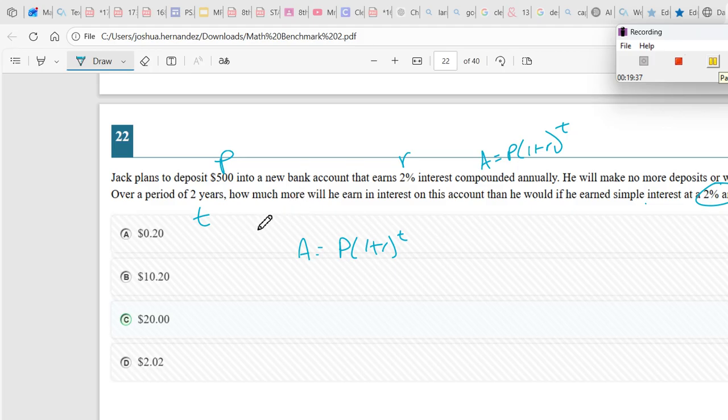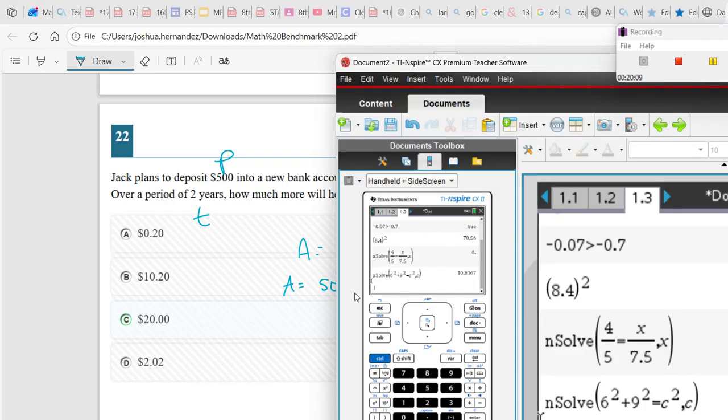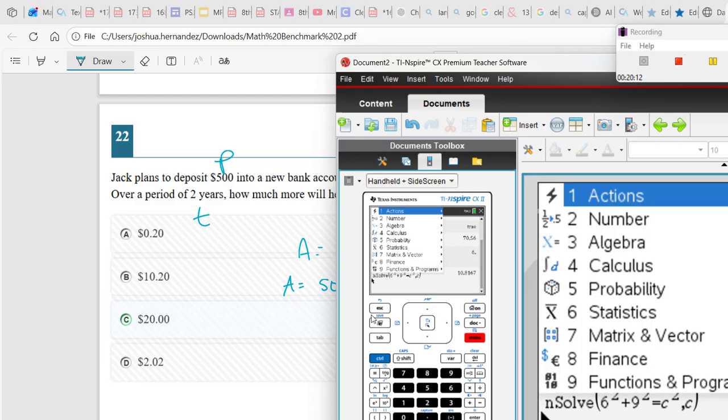Okay, so let's put the numbers in here. We're going to go with 500, and we go 1 plus 2%, raised to the 2. And when you get this, it's going to give you A, the altogether, right? So I'm going to go here and use the formula again.